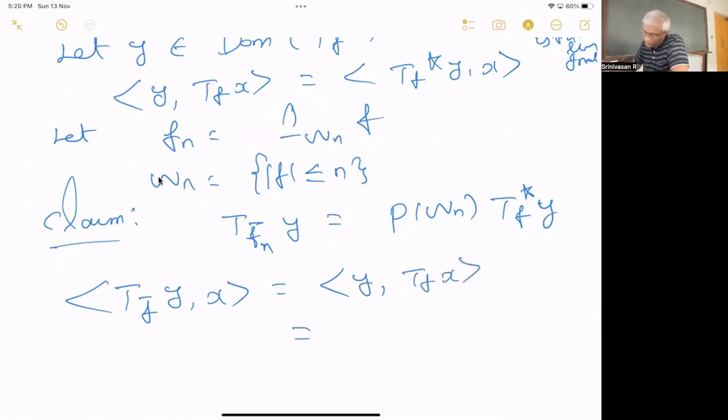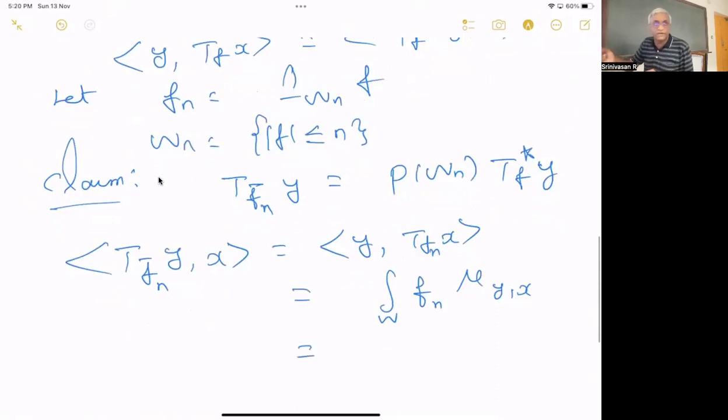Now this is equal to the integral of f n d mu y x over omega. But f n is 0 outside omega n, so this is just the integral over omega n of f d mu y x. I've just written the definitions.